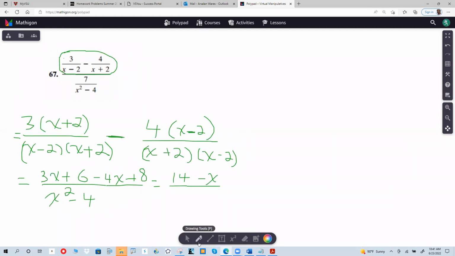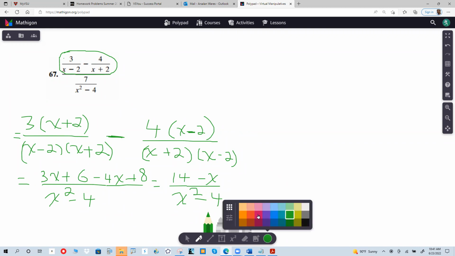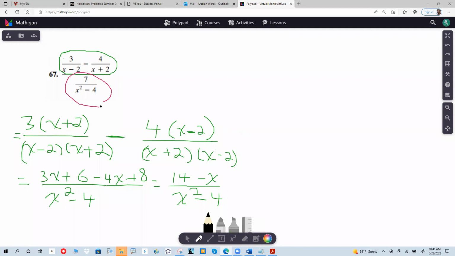In the bottom, I have this. And the reason, guys, I prefer x squared minus 4: I already see one here. I already see one here. Let me change the color to pink. I already see one here. So it's nice that my bottom from the green top matches the bottom from the green bottom. That could only help me.